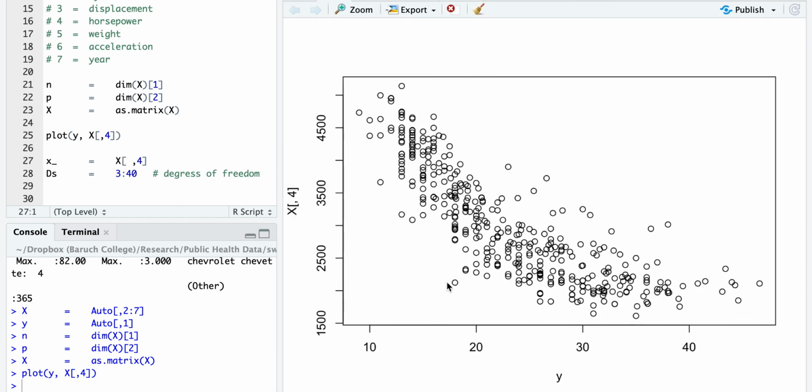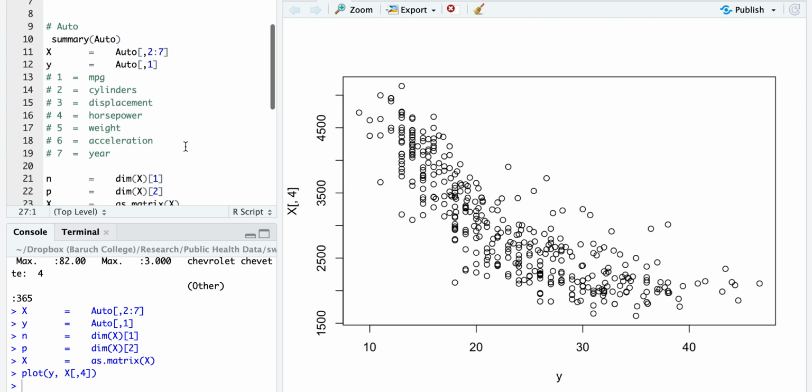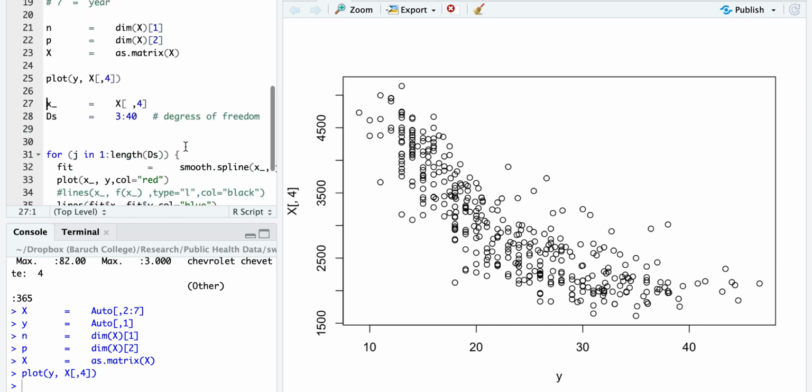But this is like the real data set. This graph, to be a proper graph, needs to have a label on the vertical side and on the horizontal side.